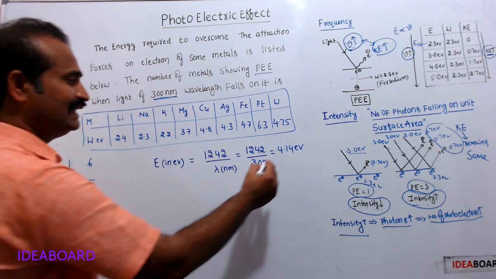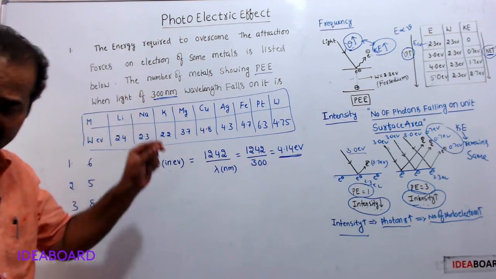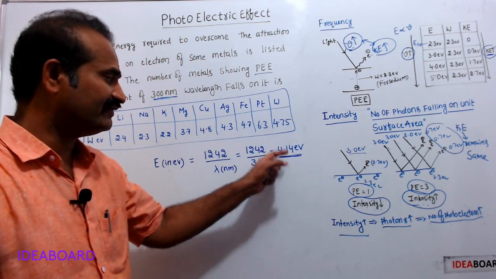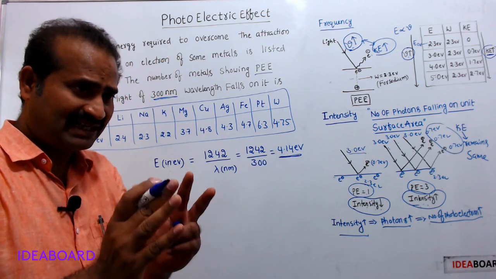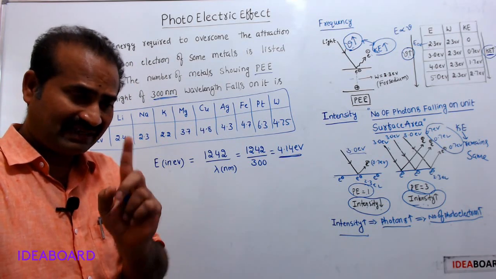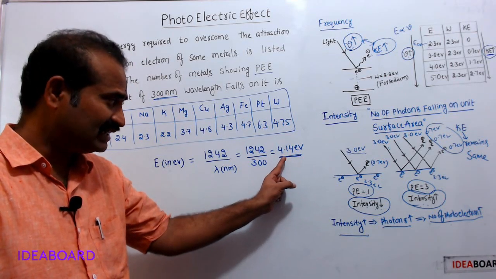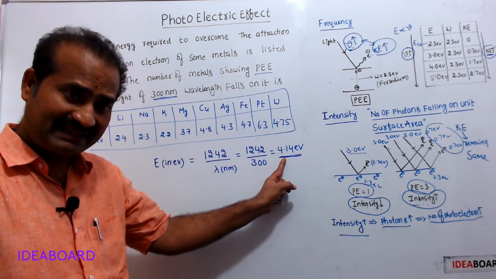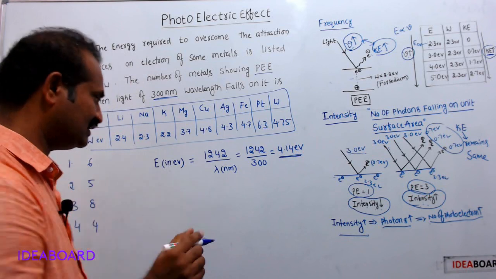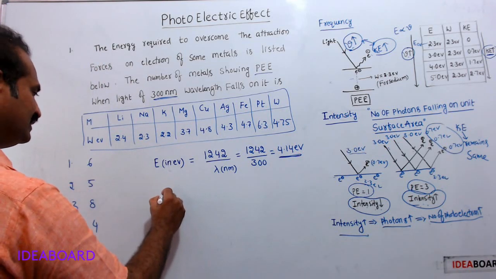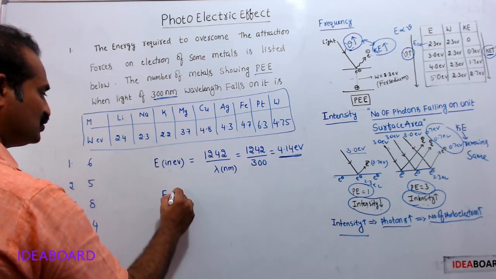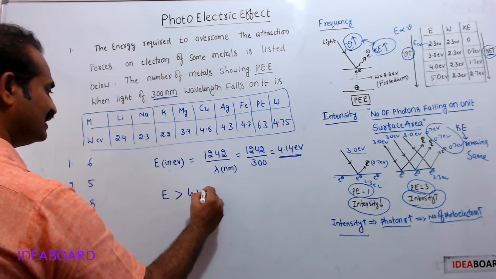4.14 electron volts is the energy of the incident photon, otherwise the energy of the incident light. What is the required condition to exhibit the photoelectric effect? The energy of the incident photon should be more than the work function.